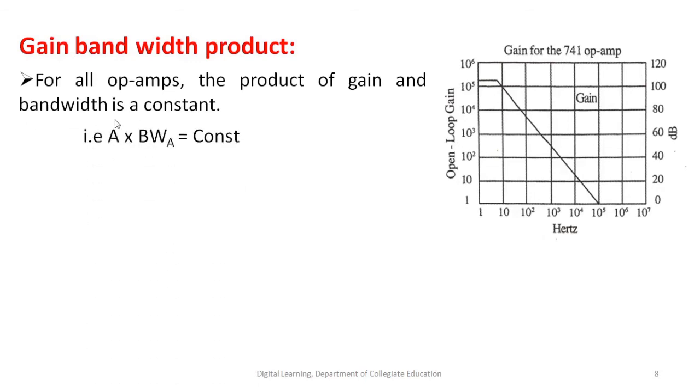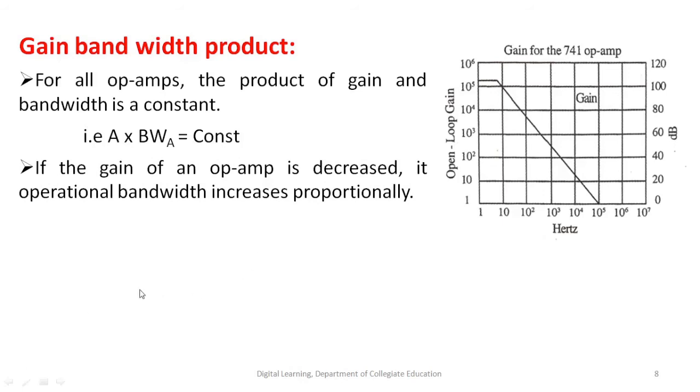Gain is represented by A and bandwidth at particular gain is represented by BW. The product of these two is a constant, that is nothing but gain bandwidth product. Since it is constant for every amplifier, if the gain is increased, the bandwidth automatically decreases to maintain the value of the constant. Or if the gain of an operational amplifier is decreased, the bandwidth will increase proportionally.